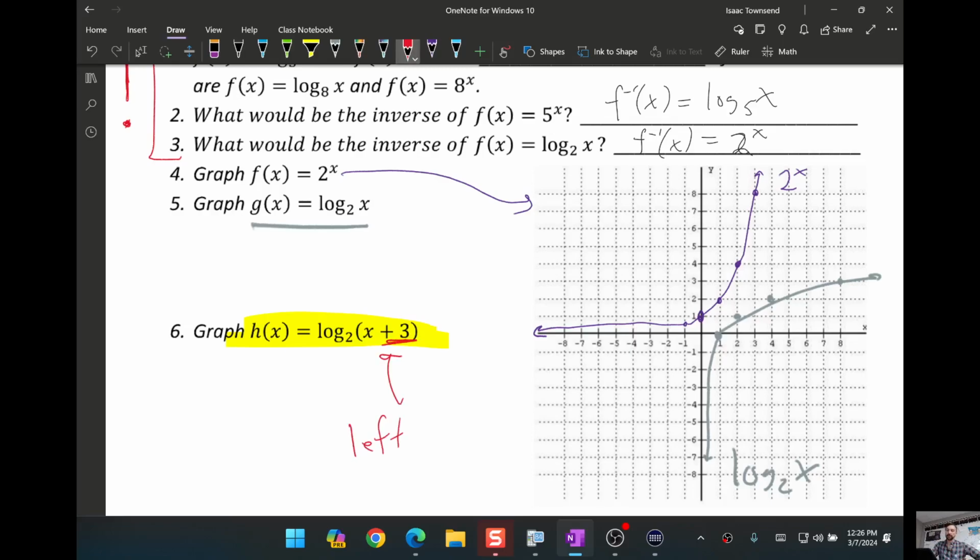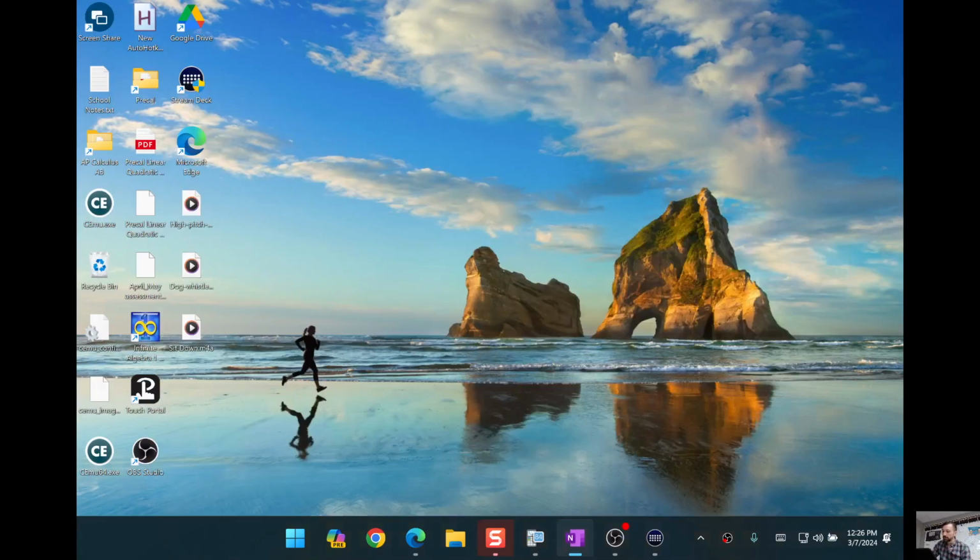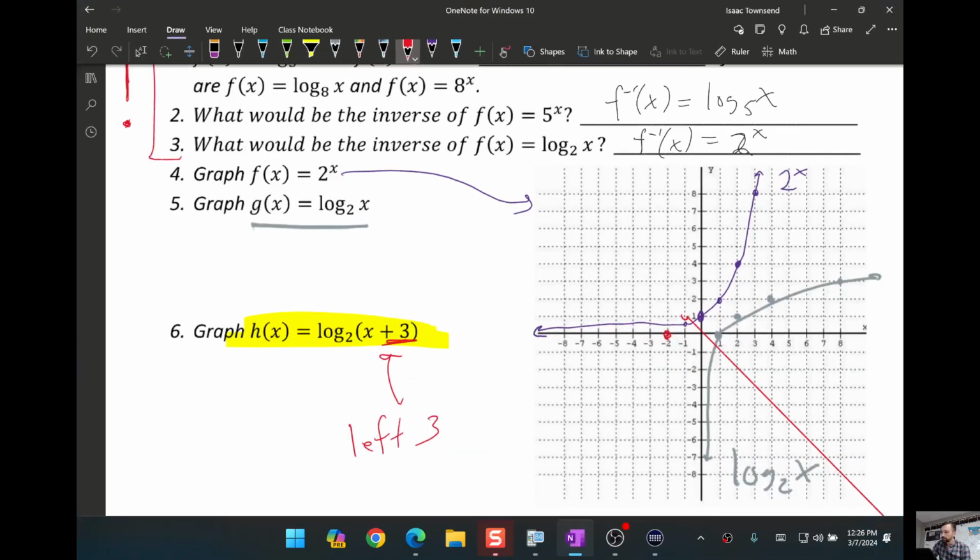If you add 3 to x, that's going to shift it left 3. So again, all of these points I was sure about, just shift them left 3 and replot them. Reconnect them, and just like that, we have graphed log base 2 of x plus 3.